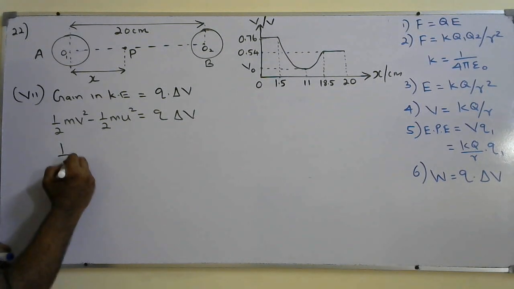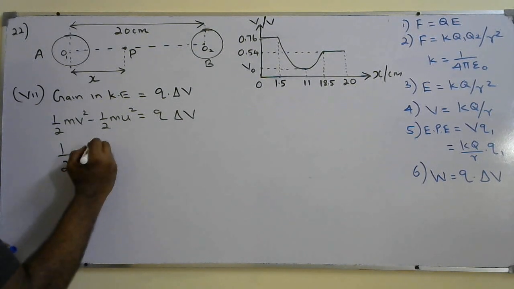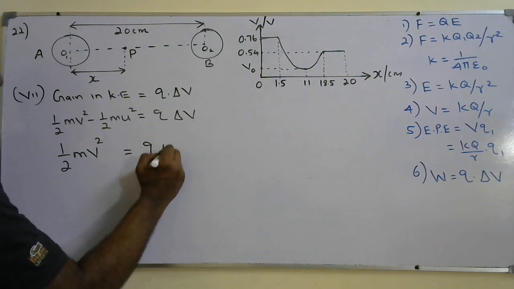So the final speed: half m v squared equals Q delta V.